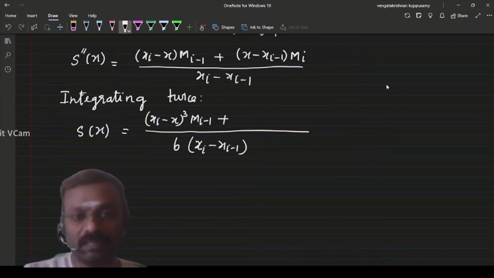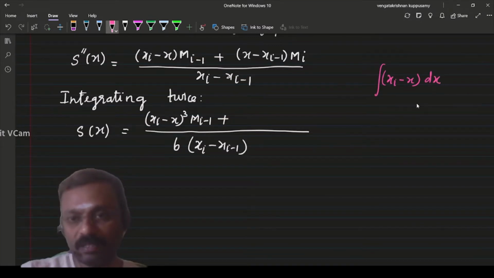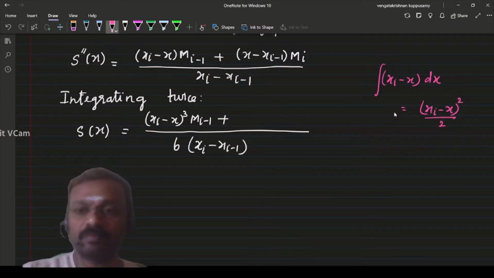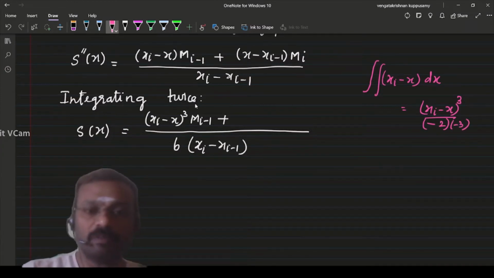If you integrate xi minus x once with respect to x, we have xi minus x the whole squared by 2. Integrating again, we have xi minus x the whole cube by 6.